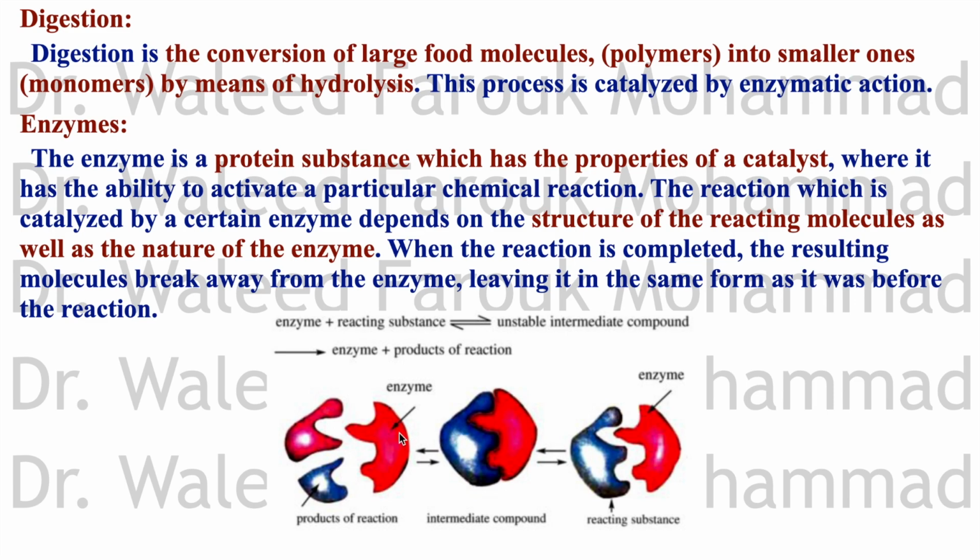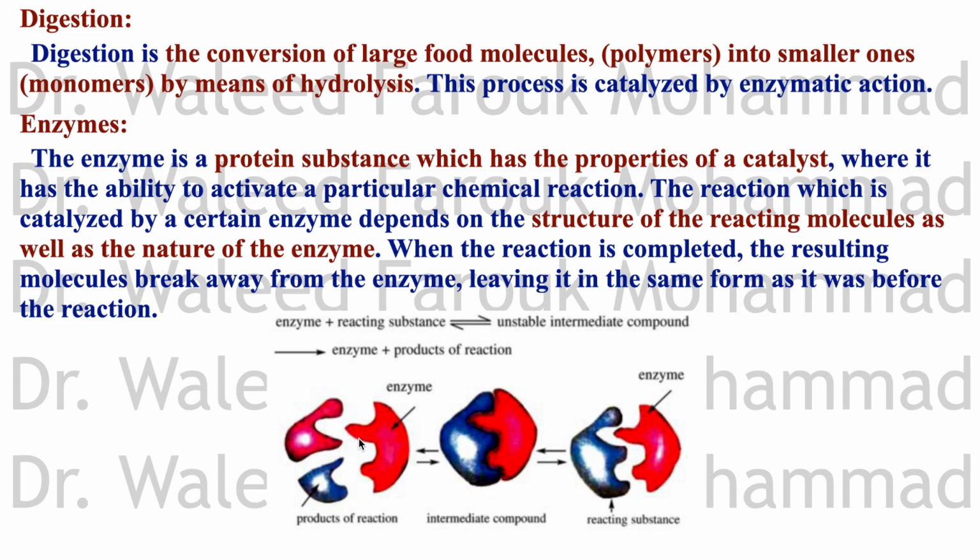It reacts with the compound under certain conditions, and reacts with it and leaves it, returning to its same structure, but the compound that reacted with the enzyme is changed into products of reaction.